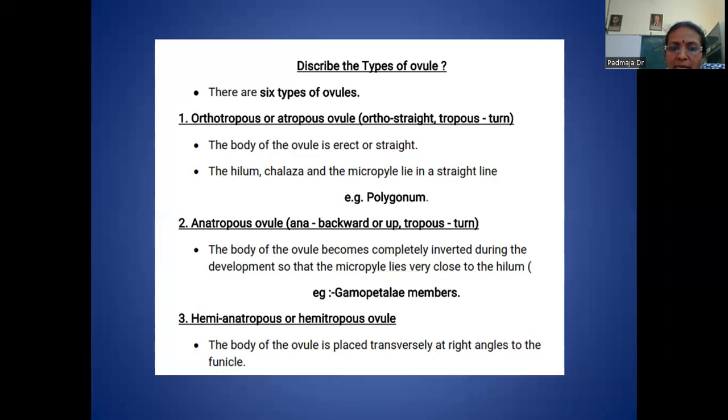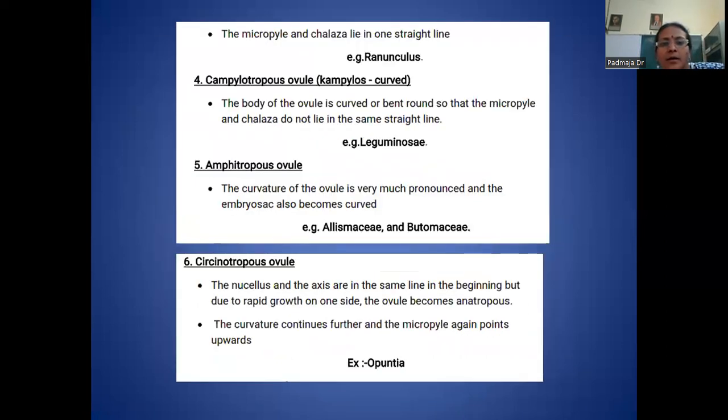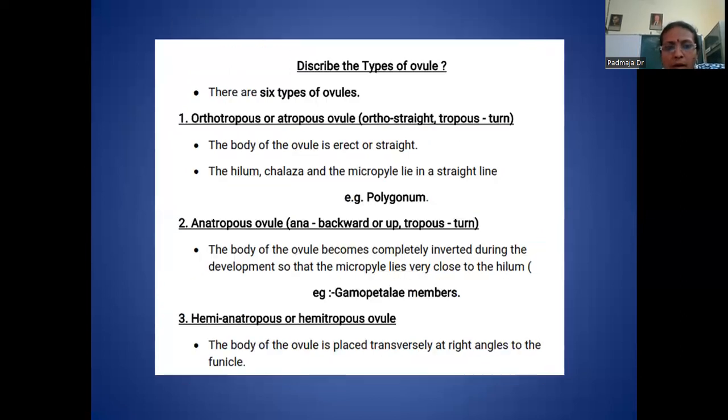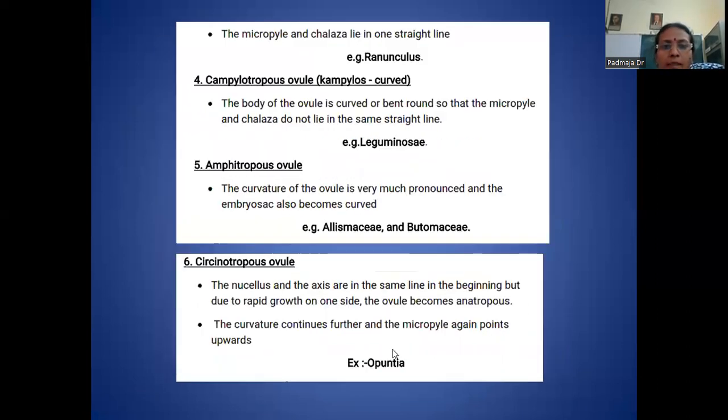So it is mainly seen in the gamopetalous members. Next, hemitropous. In hemitropous, the body of the ovule is placed transversely at right angles to the funicle. The micropyle and the chalaza lie on one straight line. It is seen in the Ranunculaceae.